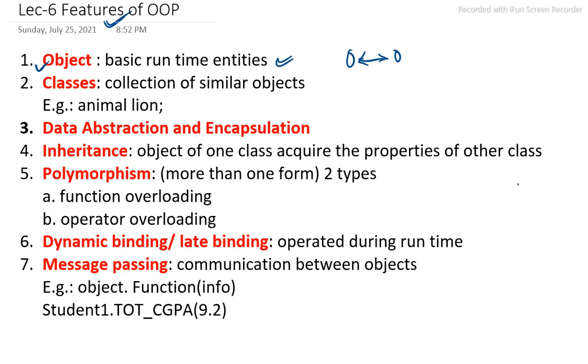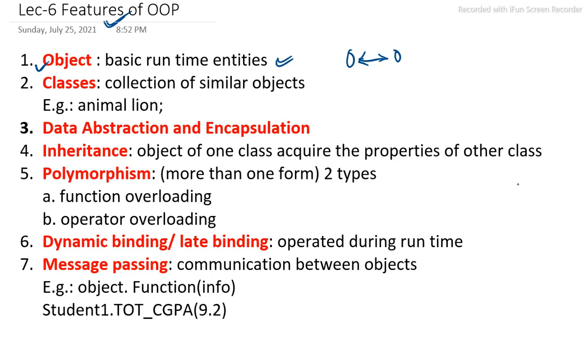Like students and teachers, they share information. If student is an object and teacher is an object, they will exchange information. A teacher may ask for particular marks from a student through some object-oriented mechanism.